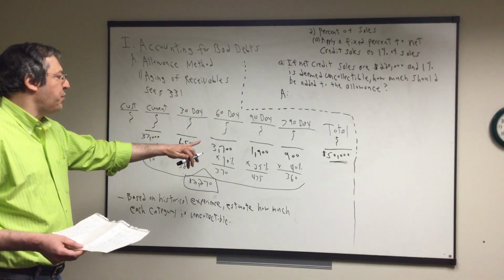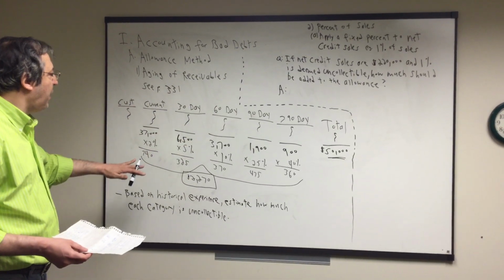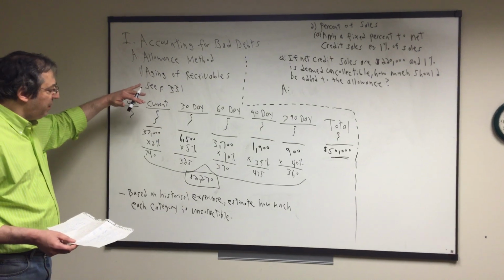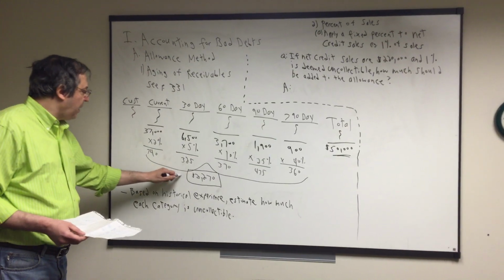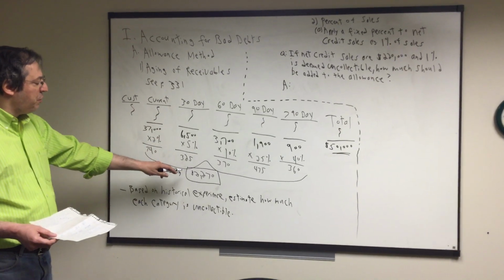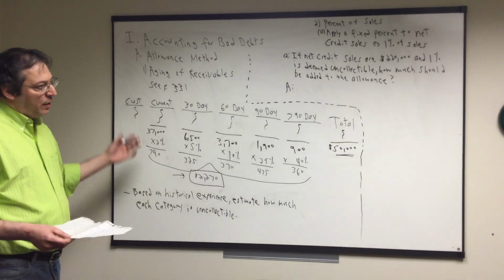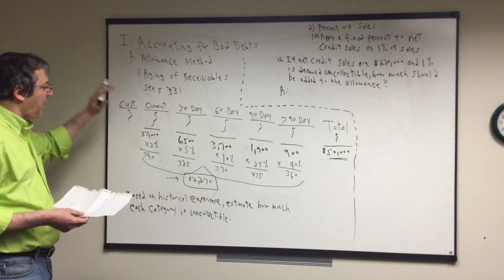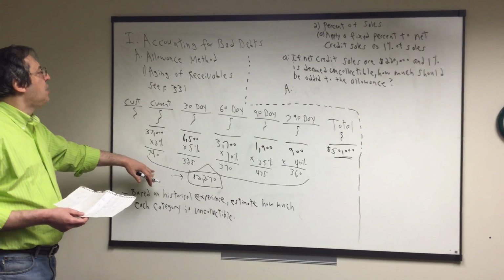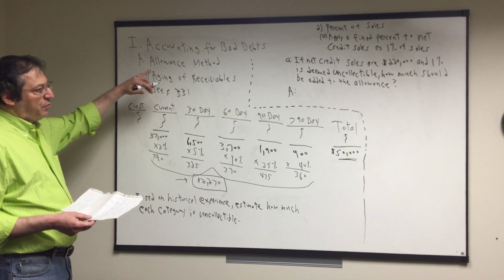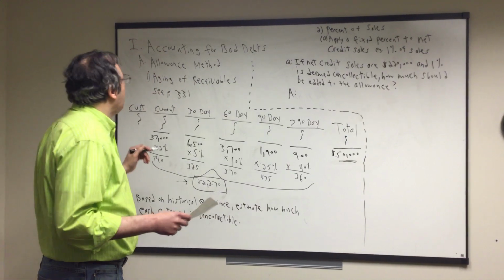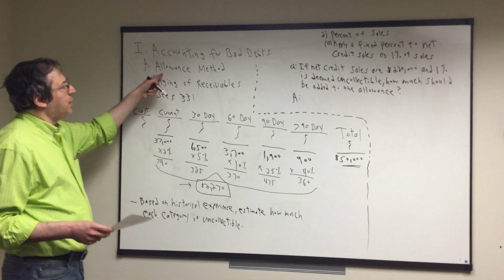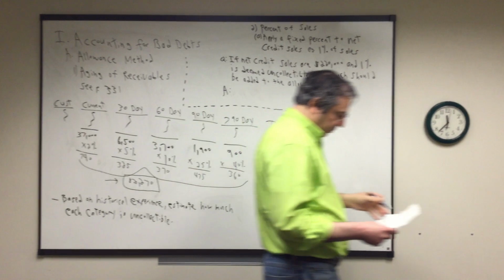These percents will always be given to you, and this is the methodology we follow under the aging receivables method to come up with what the allowance should be. So in this case, we're saying the allowance should be 2,270. In the next video, we're going to see how we adjust for that. But for right now, you just have to know how to calculate the allowance using the aging receivables method for the allowance method.